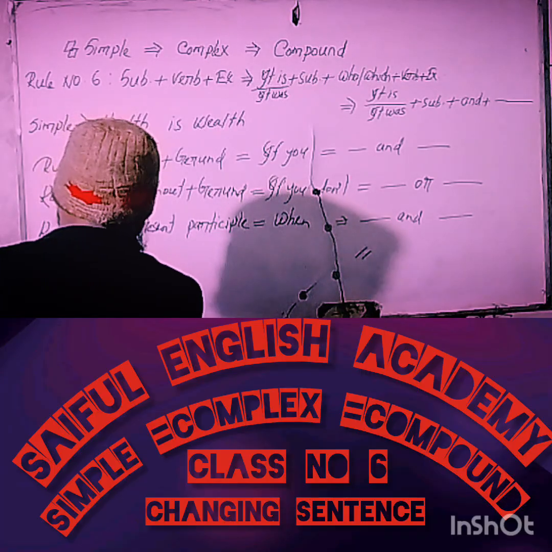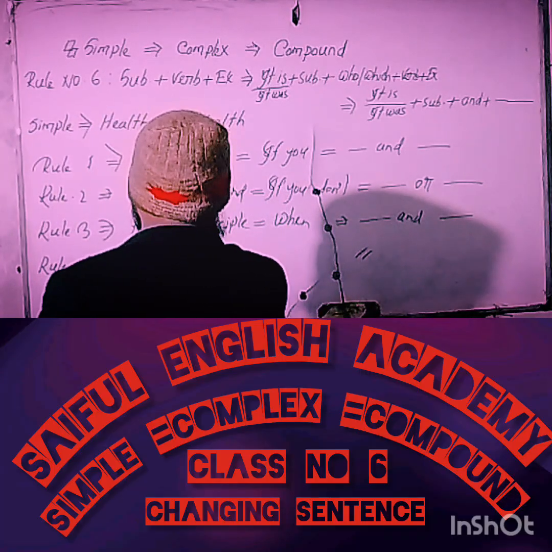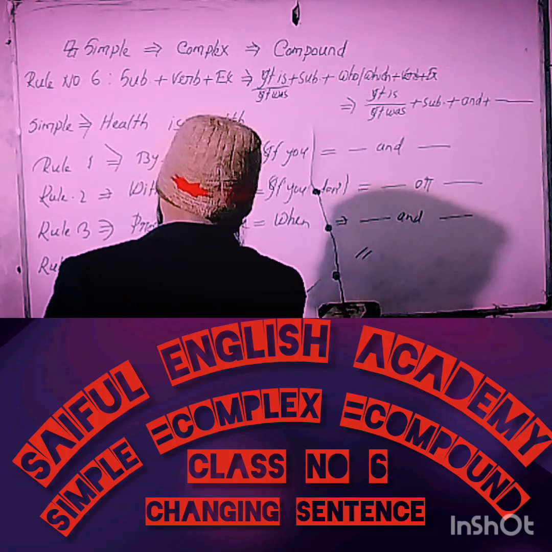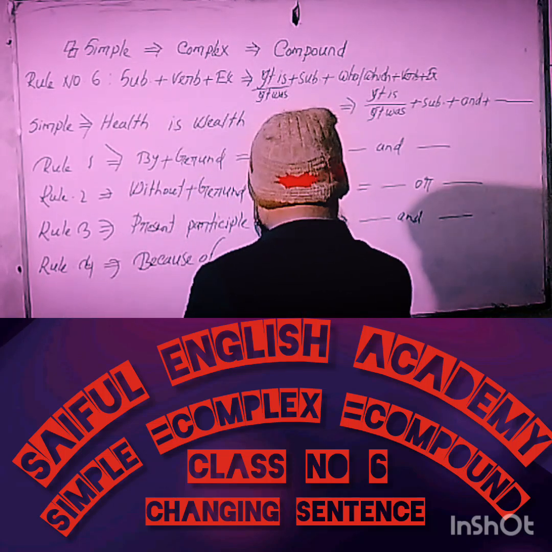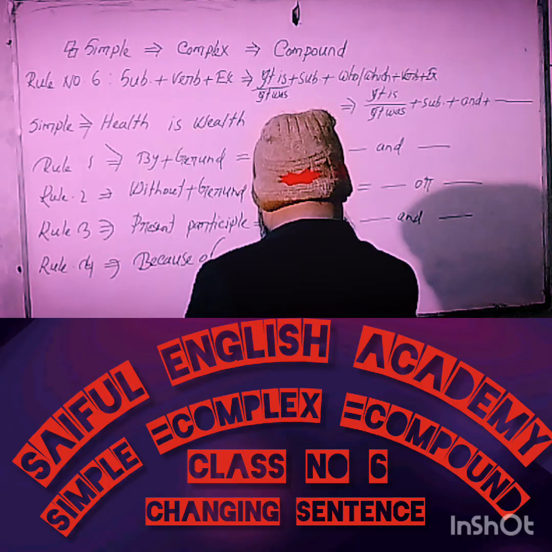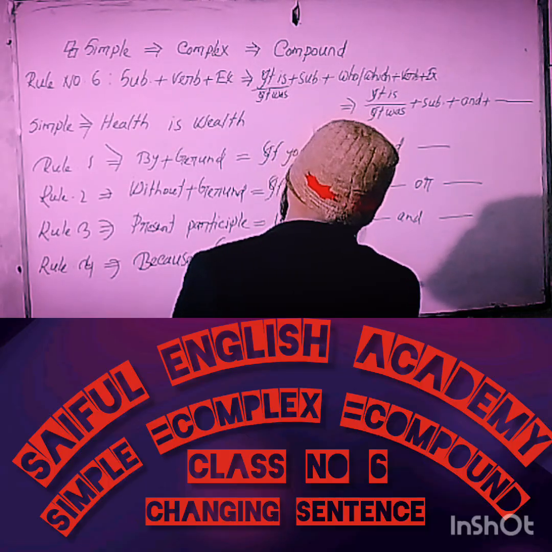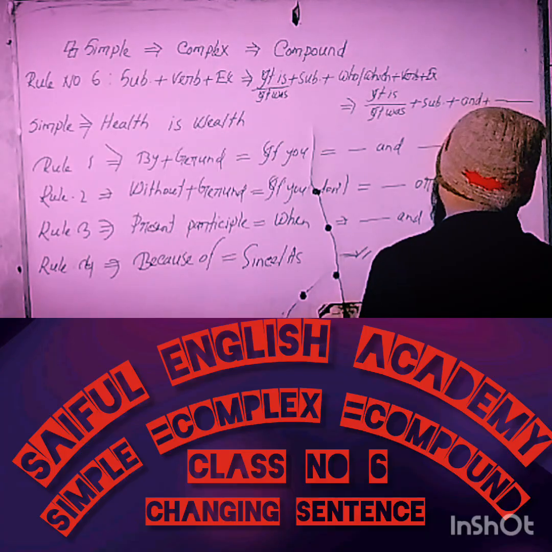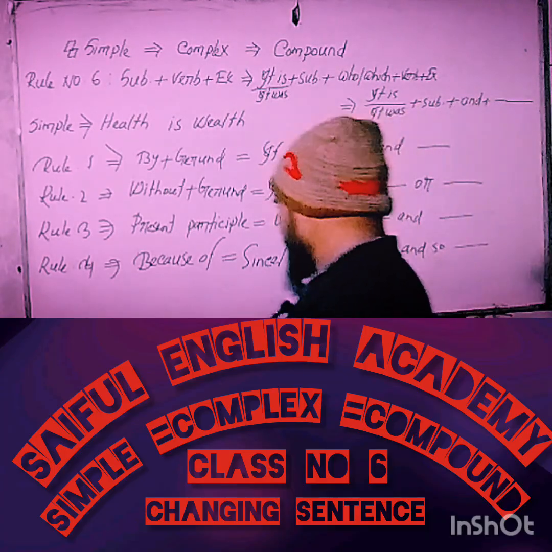In rule number 4, the relationship: because of equals to since or as, equals to and so.